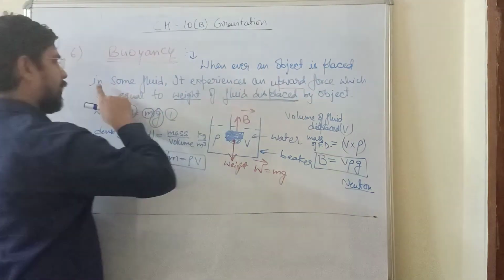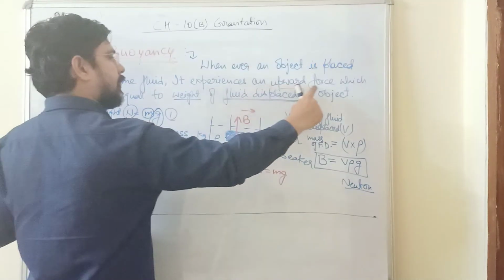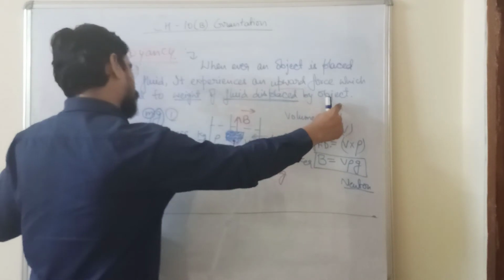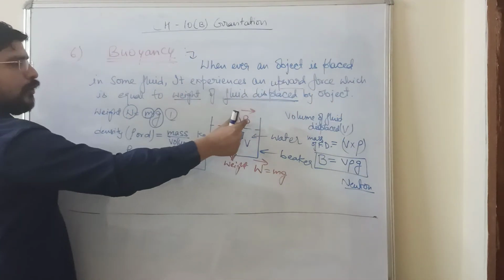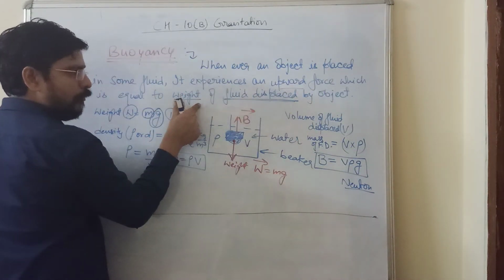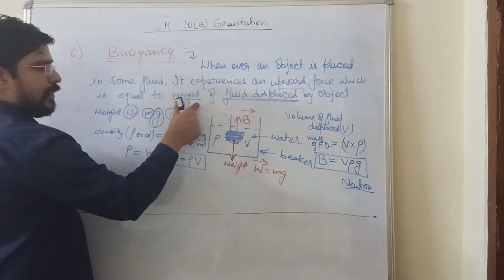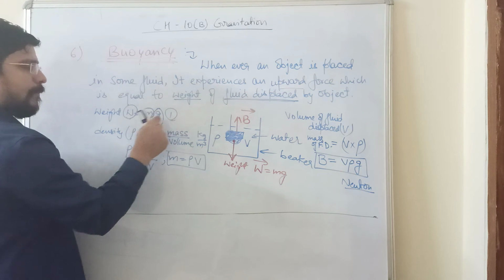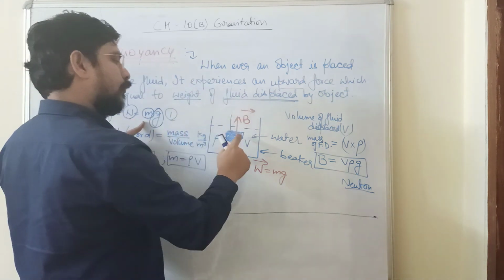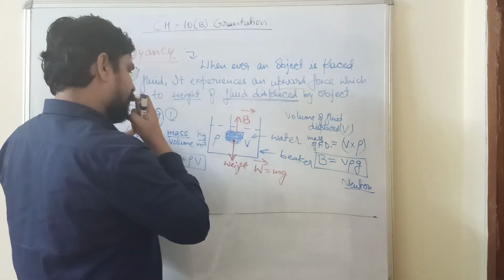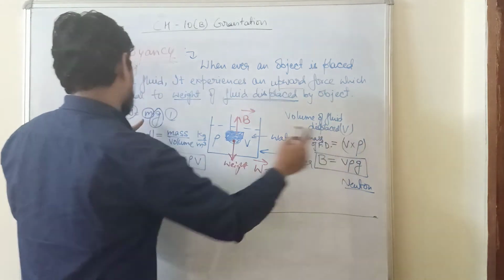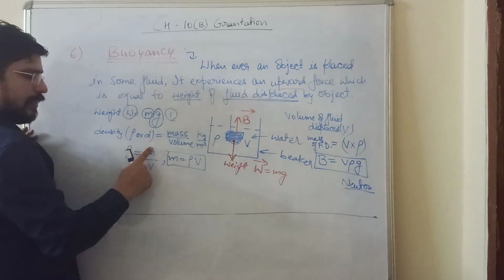Whenever an object is placed in some fluid, it experiences an upward force which is equal to the weight of fluid displaced by the object. So for calculating the value of B, we first calculate the weight of fluid displaced. But weight can be found by multiplying mass by acceleration due to gravity. For finding the mass of fluid displaced, we must multiply the volume of fluid displaced by the density, because that is the relation between density, mass and volume.